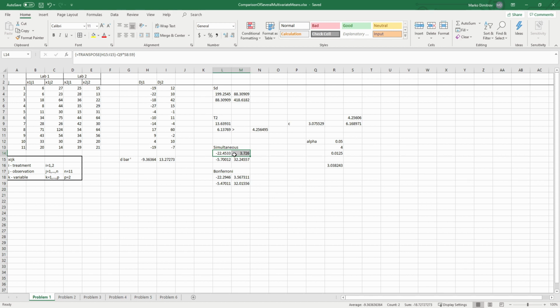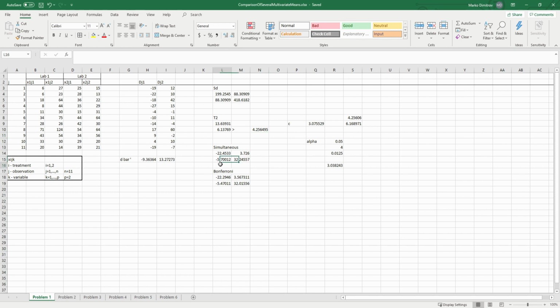In general, for any a, there are going to be some intervals that do not contain 0. So again, if all simultaneous intervals for any choice of a contain 0, then we cannot reject the null hypothesis. But in this case, as we see, we rejected the null hypothesis, so that is not the case.